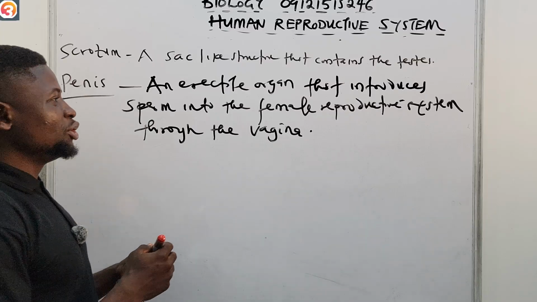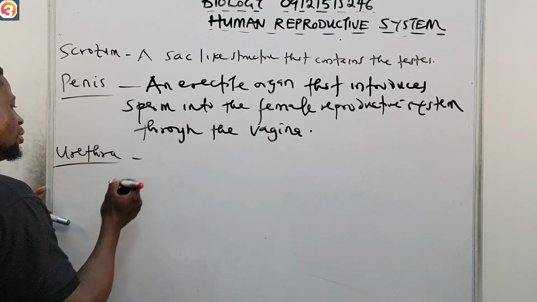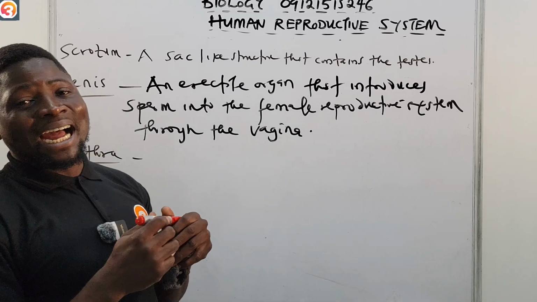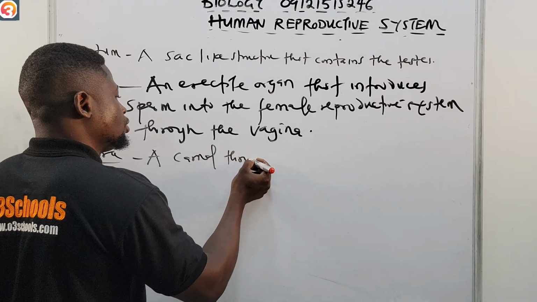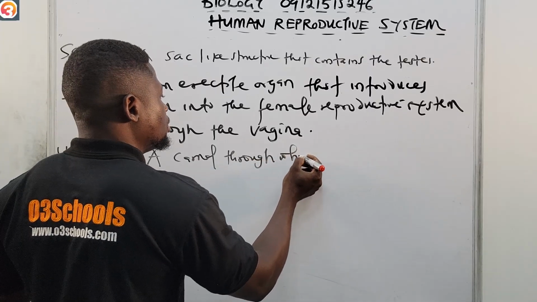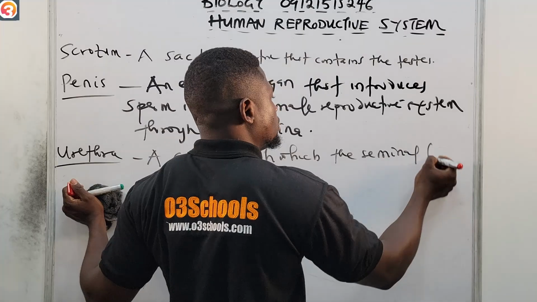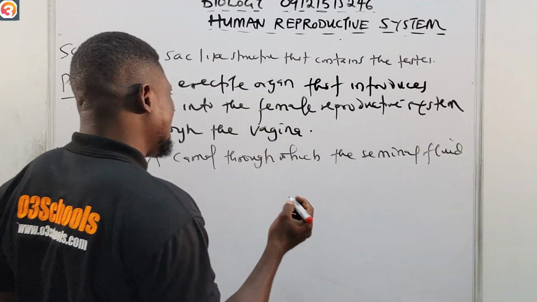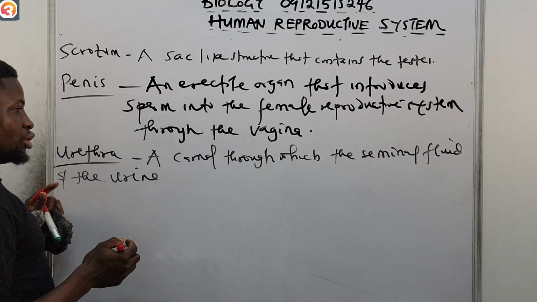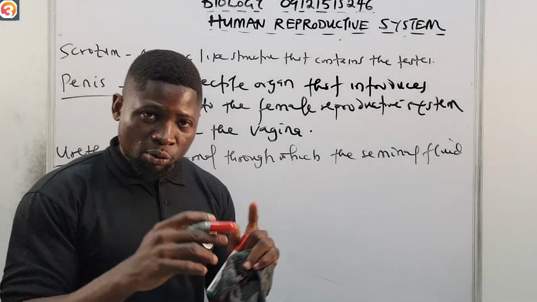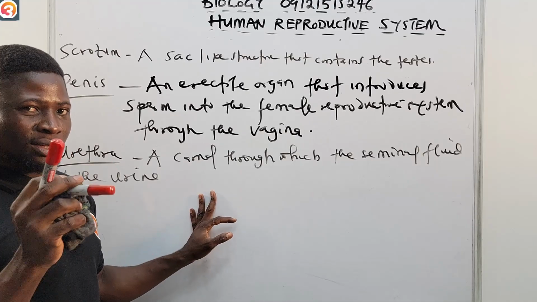Now let us talk about the urethra. Okay, so we say this one is a canal through which the seminal fluid and the urine pass out. So the urethra plays a role in both the excretory and the reproductive system.